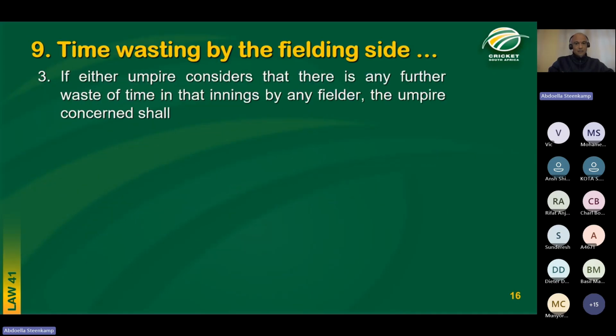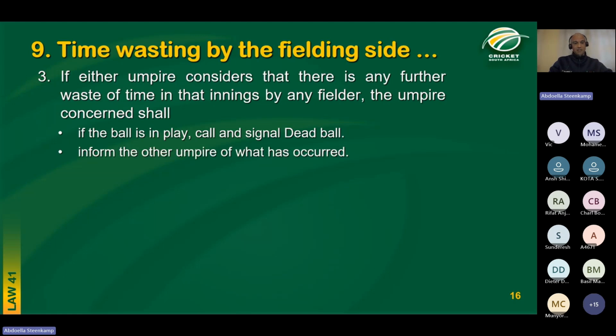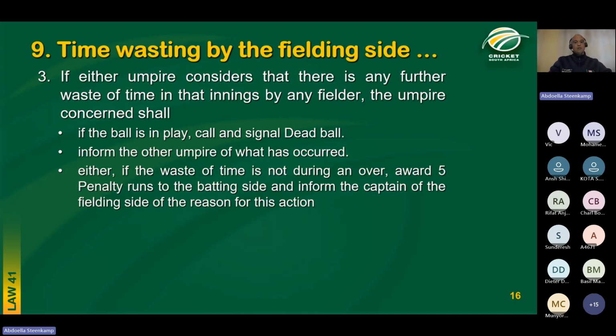And then, if either umpire considers that there's been further waste of time in that innings by any fielder, what is the punishment? Remember, we've already given a first and final. Now if there's further waste after giving the first and final, we have two types of punishment.